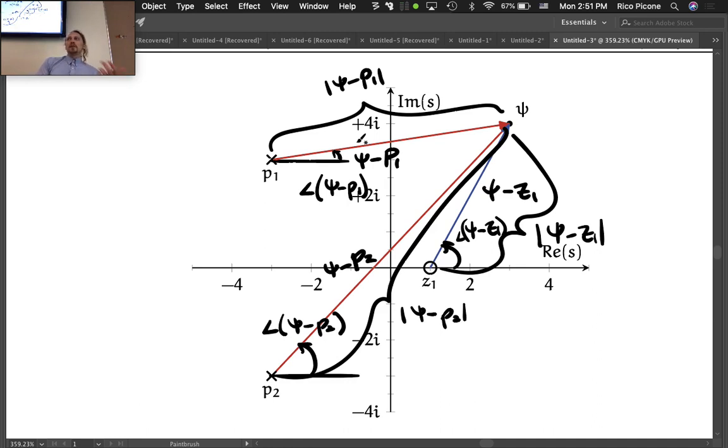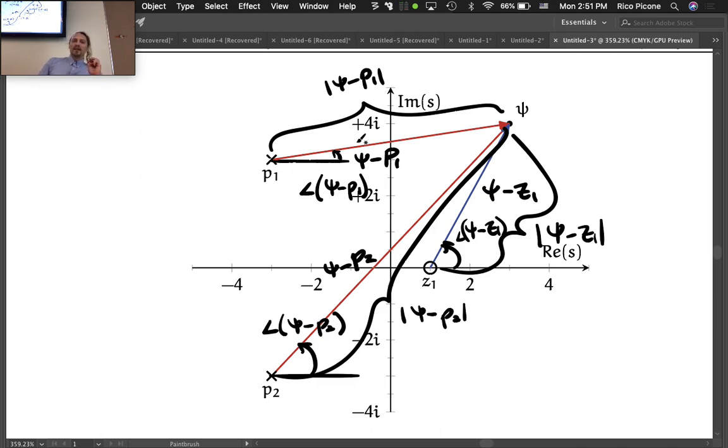So this geometric conception is going to really help us when we start to construct the root locus in a minute, because we're going to have the magnitude equal to certain things and the phase equal to certain things in order to meet the root locus criteria, right? The magnitude and phase criteria.